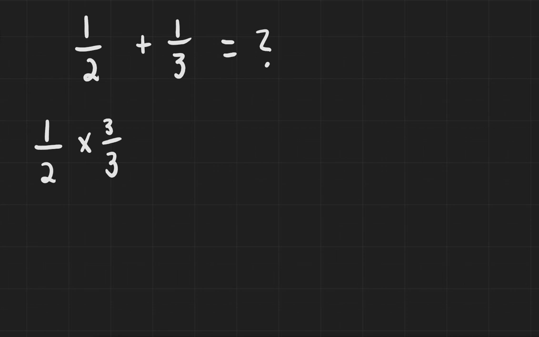We just end up with the same fraction, just not simplified. So if I multiplied this, and in another video I talked about how to multiply and divide fractions, we end up with 3 over 6. And again, this isn't a different fraction necessarily. 3 over 6 simplified is 1 over 2. So boom, we changed 1 over 2 so that it has a denominator of 6.